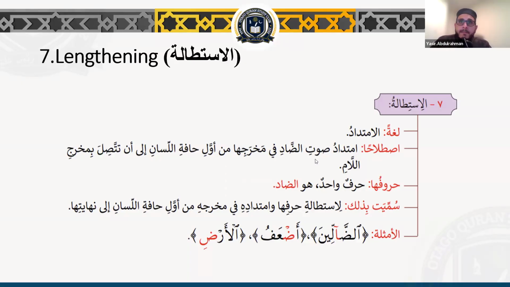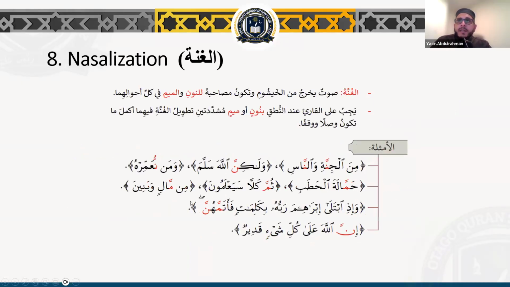Okay. So next one is the ghunna. Now we talked about the ghunna before, if you remember, in the articulation points, and how the ghunna is part of the noon and the meem letters. These two letters come with a complete part and a completing part. And we said that the completing part is always the nasal portion of the letter.